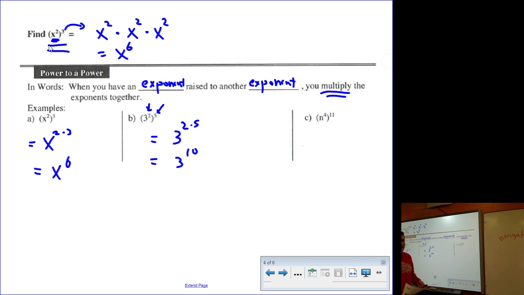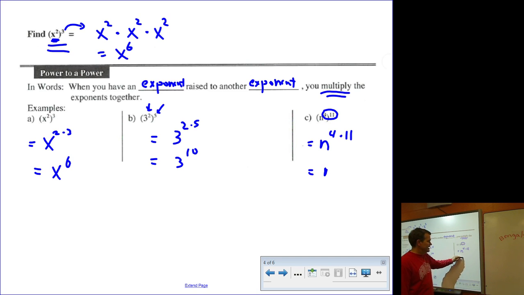Or we could get our calculator out and figure out what 3 to the 10th power is, right? Last up, I have a variable, n to the 4th to the 11th power. That would be n to the 4 times 11, because I have a power raised to another power. And that, of course, gives me n to the 44th power.